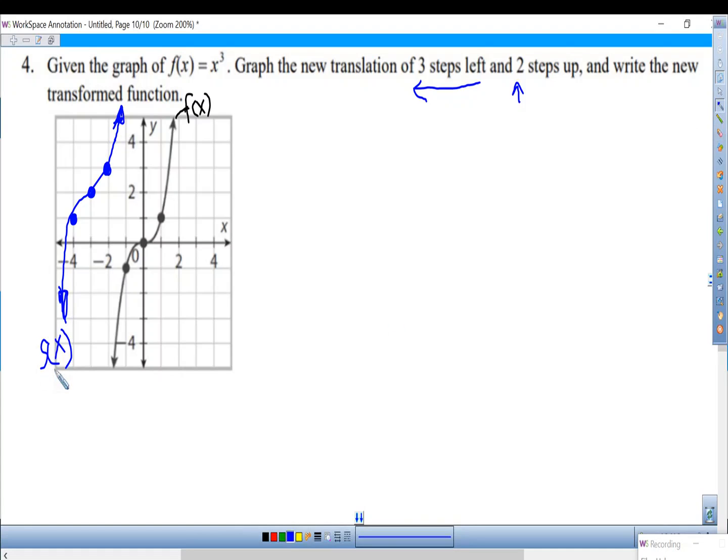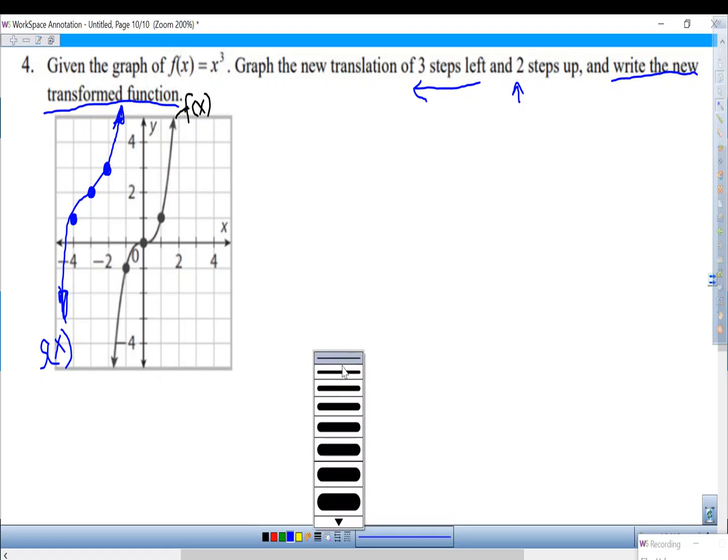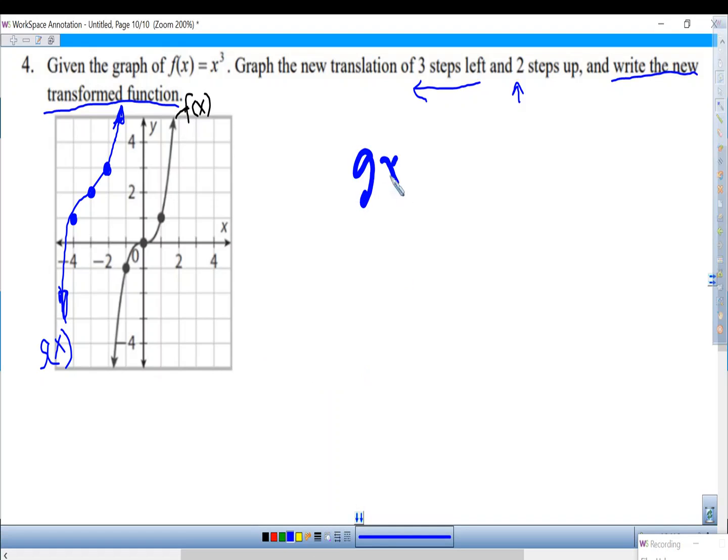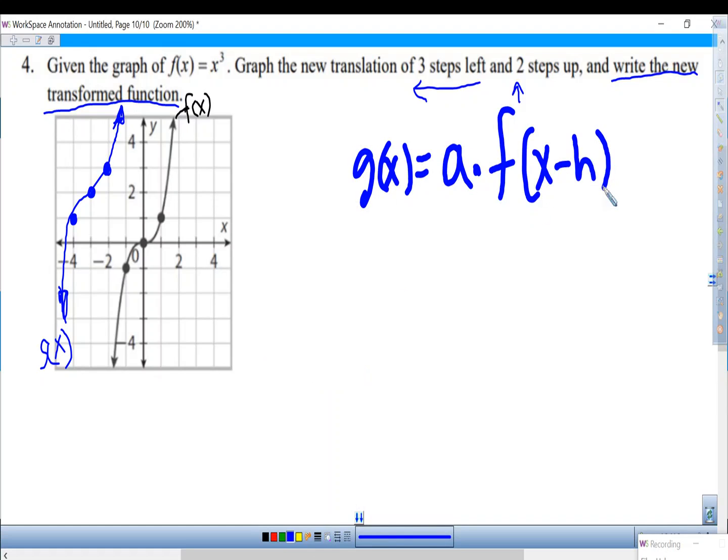All right. But here's the good part, though. It says, write a new transformed function. So we need to write our general rule. So here's our general rule. Our general rule is g of x equals a times f of x minus h, and this one is a cubic, yes?